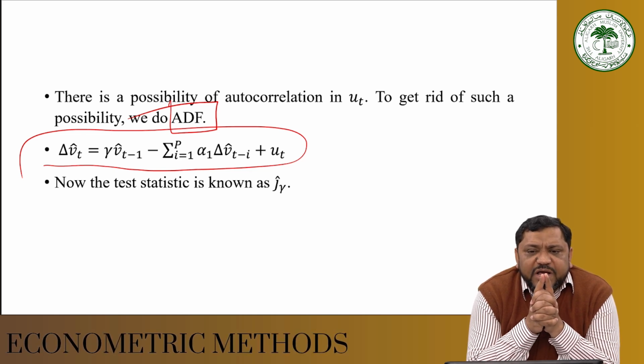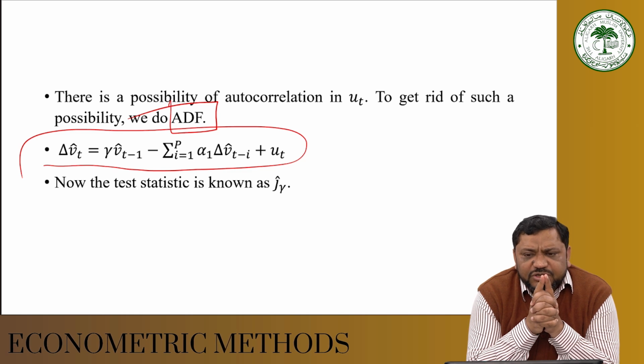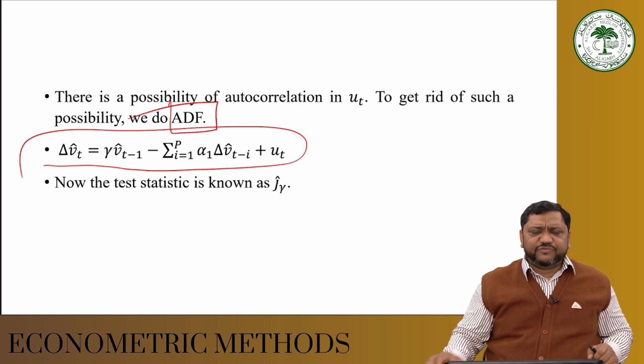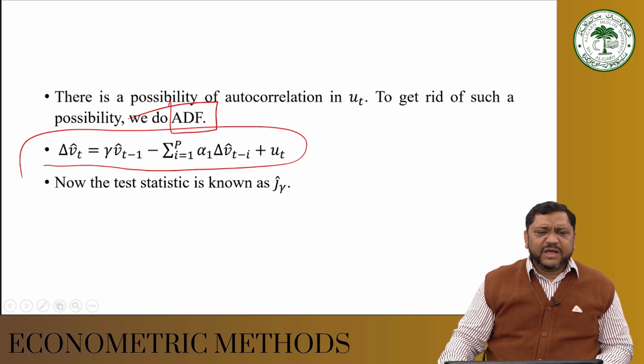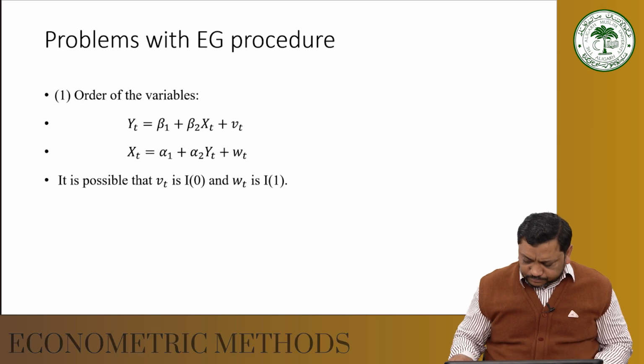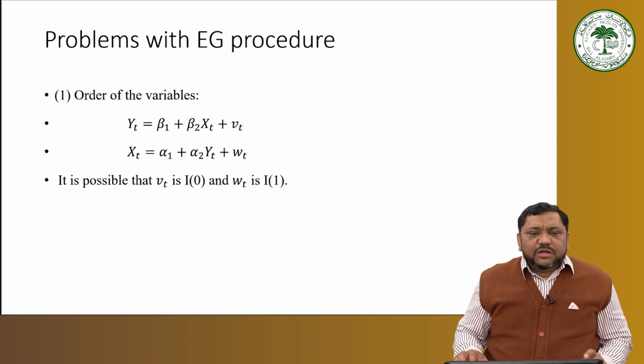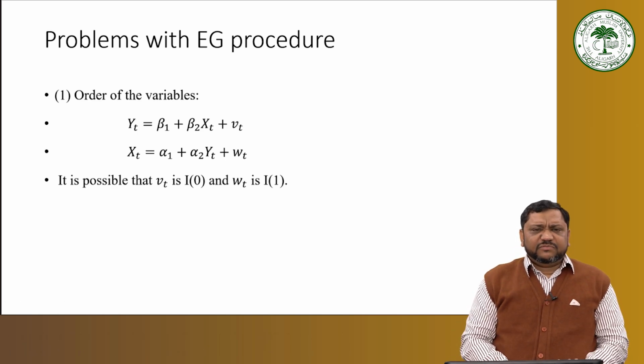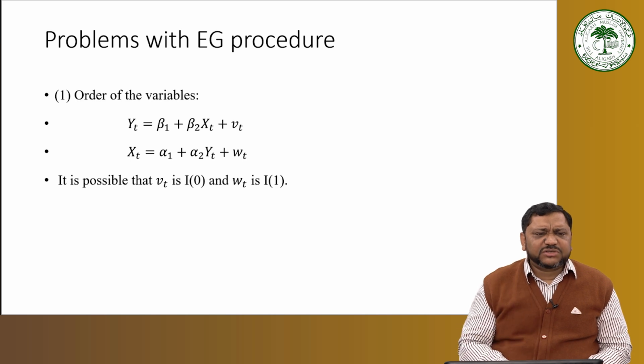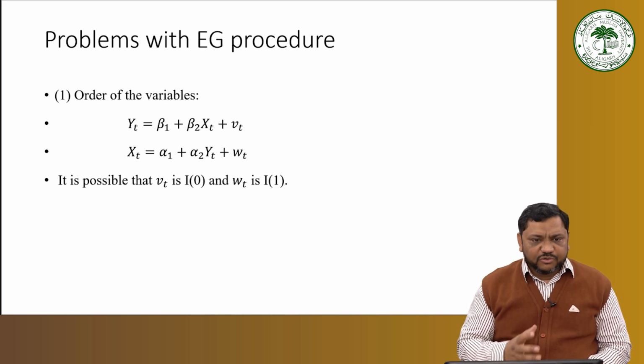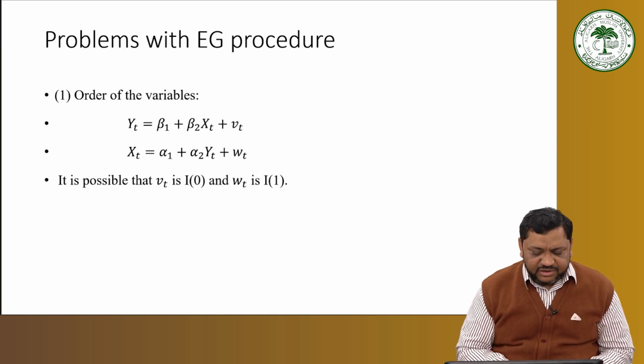Here the regression has no constant term because the mean of the regression residual is 0, and the critical values for this were also given by Engle and Granger. So this was the very first process of cointegration as given by Engle and Granger.